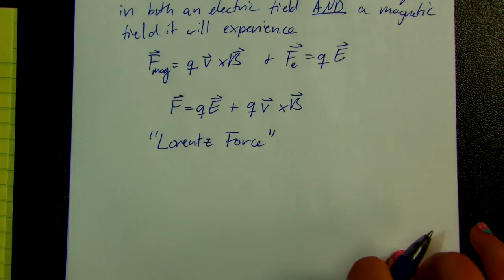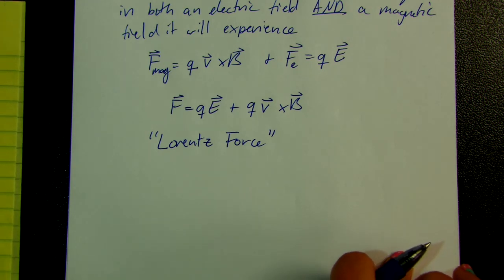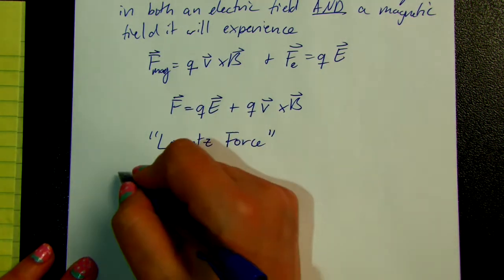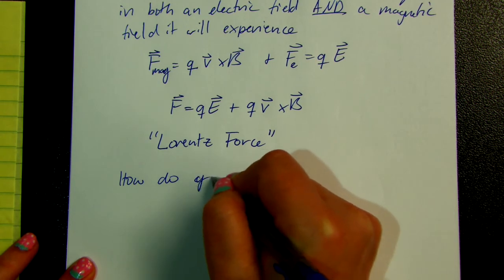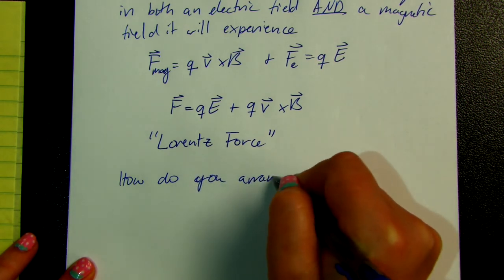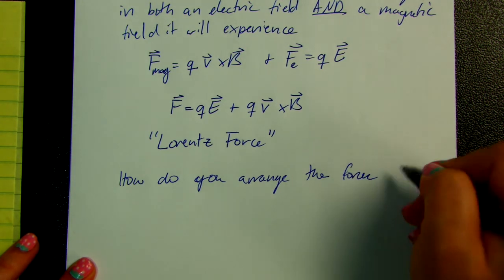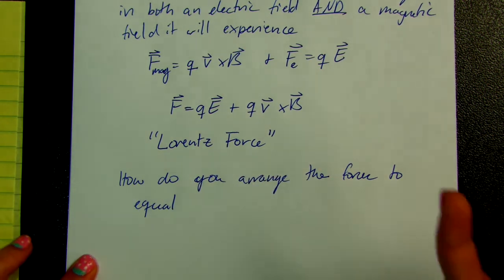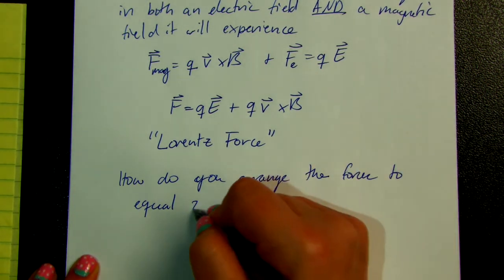But let's talk about what happens so that you could arrange these forces in a way that they essentially equal 0. So how do you arrange the forces to equal 0? Essentially what we mean by equal 0 is they're not going to impact the particle's velocity. It's going to go in a straight line.